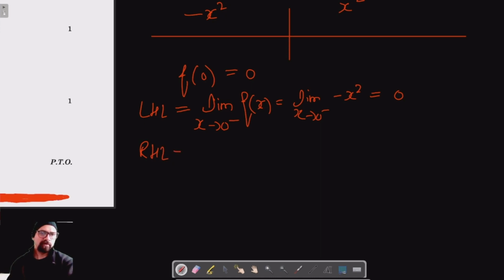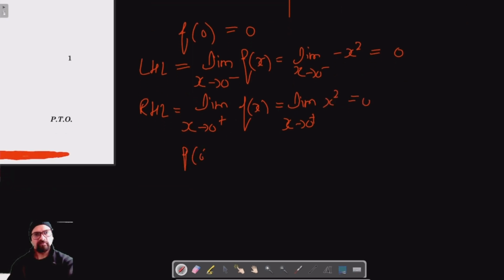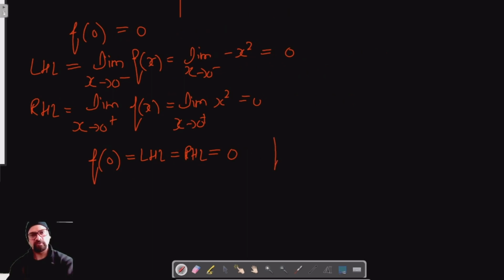Similarly, the right hand limit is limit x tends to 0 positive f of x, and the function here is x squared, which gives us 0. So the value of the function at 0 is equal to the left hand limit is equal to the right hand limit, which is 0. These coincide, so the function is continuous at x equal to 0.